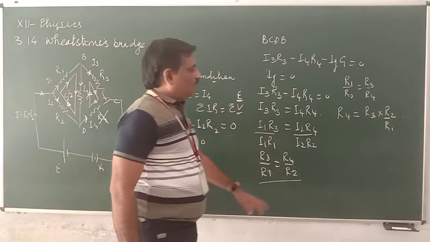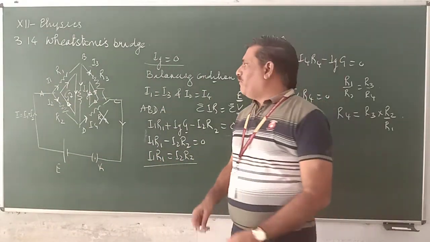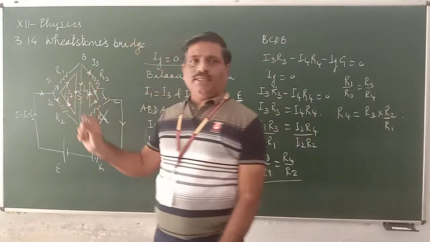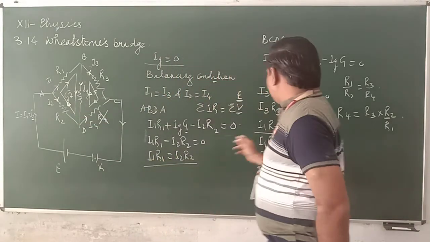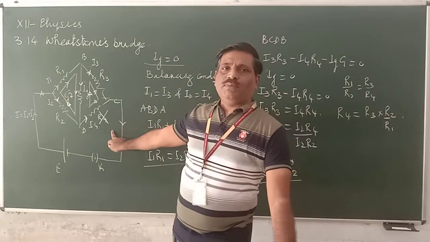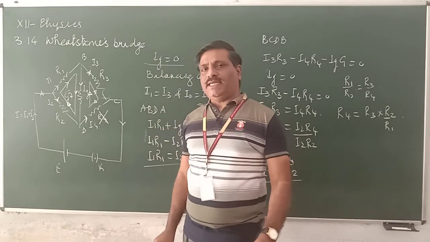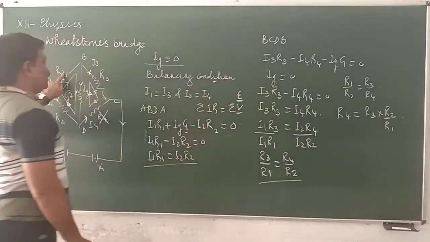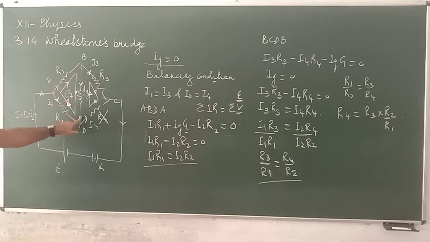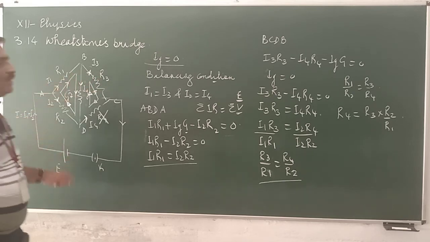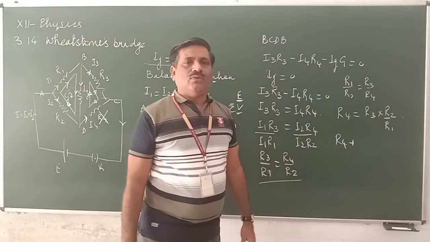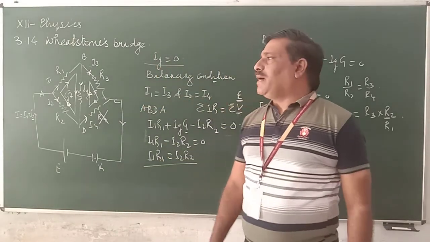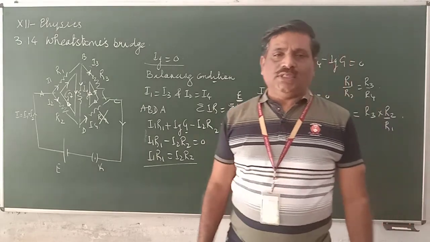Then adjust the values of the other resistors in such a way that the galvanometer shows zero deflection. Connect the unknown resistance to any one of the branches and adjust the resistances in such a way that Ig, the current through the galvanometer, is 0. Note down the values of these three, and we will get R4. This is the way to find an unknown resistance by using Wheatstone's bridge. That's all. Thank you.